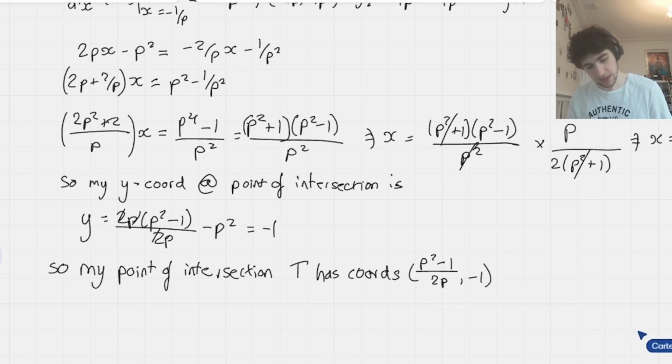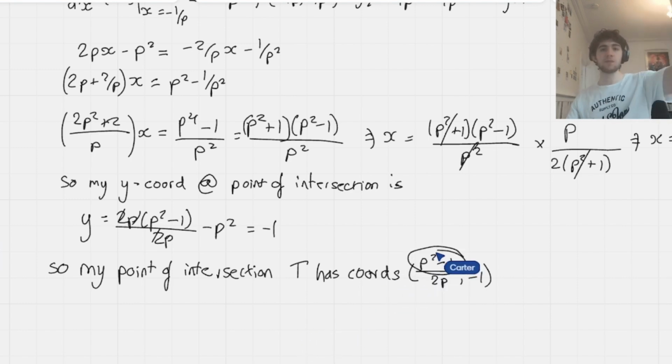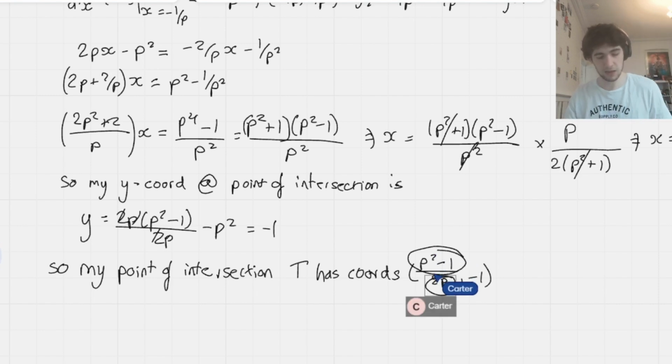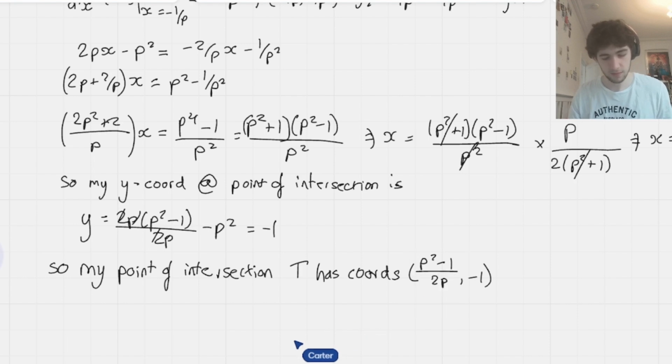And as I vary my p, this can be basically any real number I want it to be. Because p squared minus 1 is going to be between minus 1 and infinity. But if it's anything positive, I can make my p as negative as I want, because then I'm dividing by 2p, as long as it's not 0. But I could also make 0 by letting p equal 1, so 1 squared minus 1 divided by 2 is just 0. So I can get every single real number here, effectively.